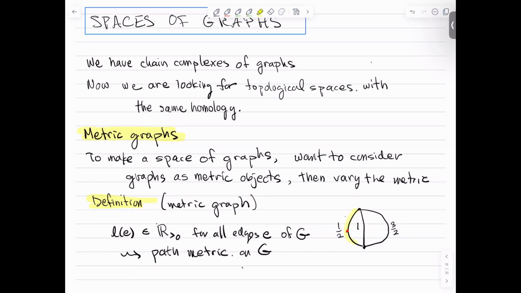If I want to get from a point on this edge to a point on this edge, I've got a choice of possible paths. I either have this path or the other path, go be crazy and go all around. But the distance between those 2 points is the length of the shortest path. So it's whatever this distance is plus this distance. Okay, so I can make a graph into a metric space.